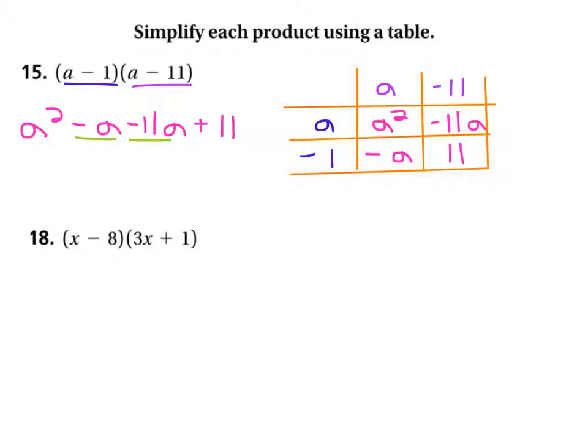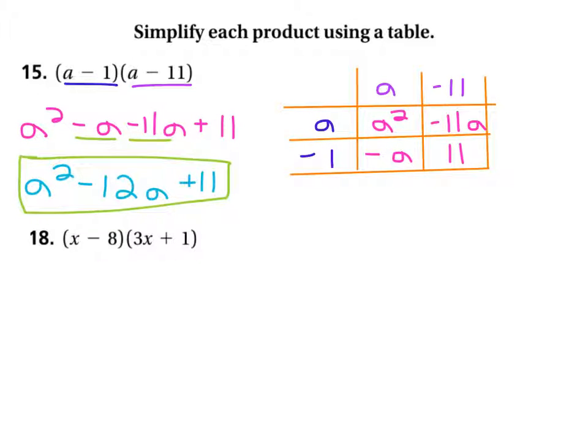We get as a result a squared. The negative a is really -1, and then another -11 is a total of -12. Okay, remember you're adding them, so we're not multiplying. They're not turning into +11. We just add them together. And then this +11 at the end, and that's what we get as our answer.